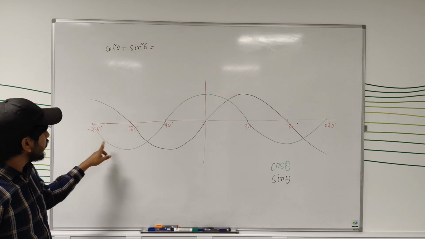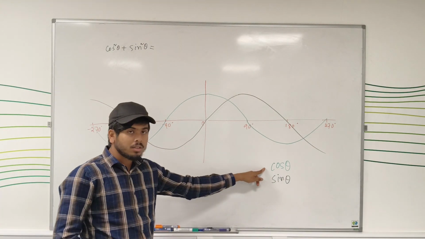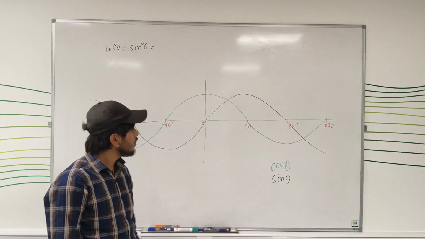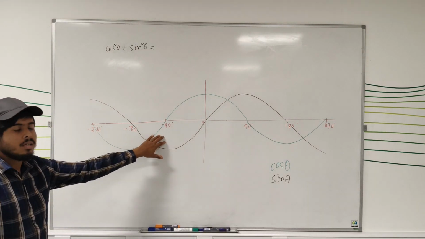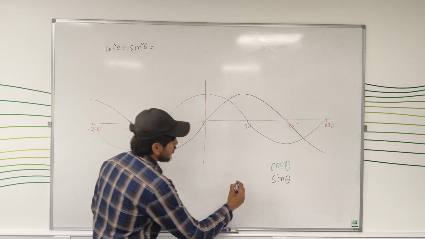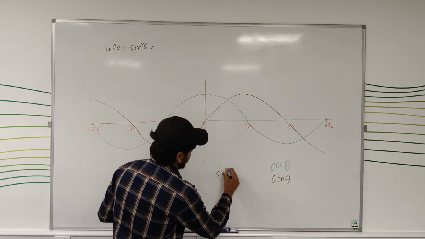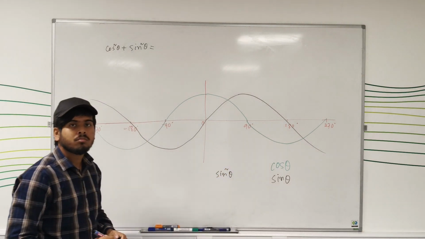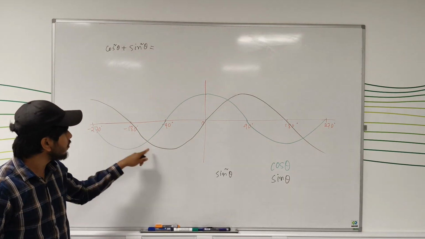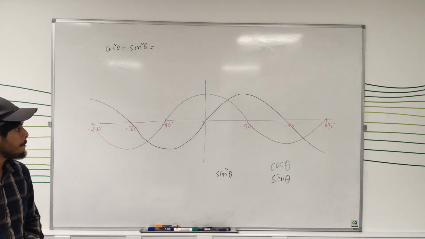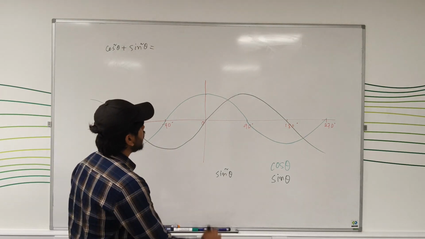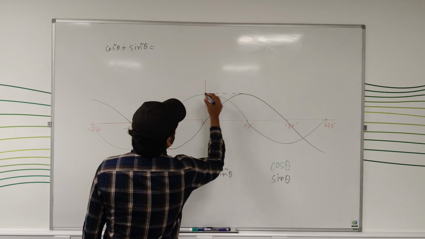Okay, so I have already plotted the graphs of cos theta in green and sine theta in black. So from this, can we plot the graphs of sine square theta? We already have the graph of sine theta. Can we plot sine square theta? We can. How? So this value is 1.